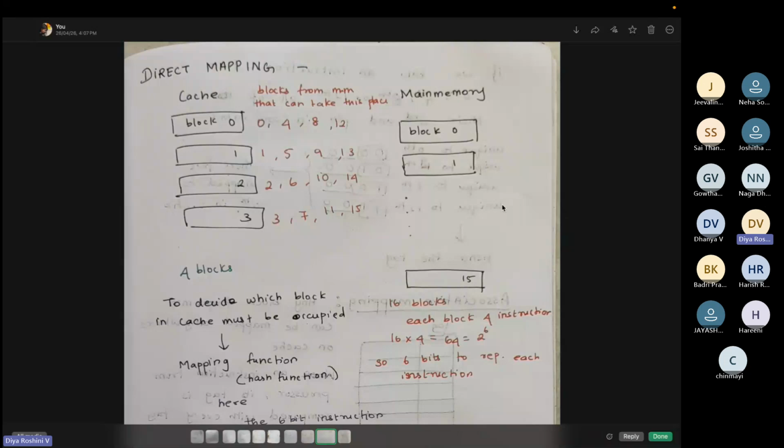And it gives all of its instruction addresses in accordance with the main memory, the bigger memory. And we have to somehow fit the main memory addresses into the cache, which is going to be small. So we must know how to map and how to place each block of memory from the main memory in the cache. That's mapping, basically.